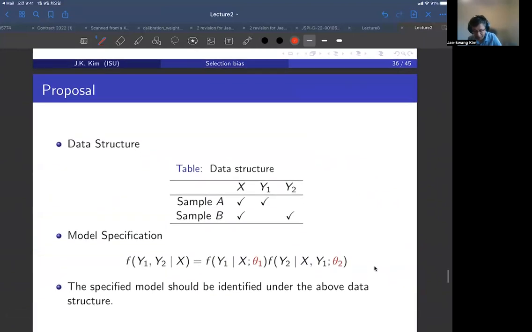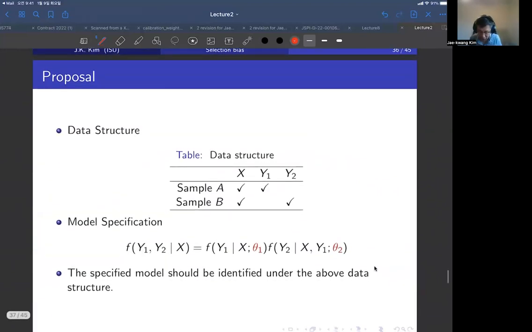Okay. So the proposal is, so this is the data structure. So you need to specify two models, right? The joint model of Y1 and Y2. Then you have two parameters. For the relationship of Y1 to X, you can use sample A. For the other one, you cannot really use sample B because you don't observe Y1.